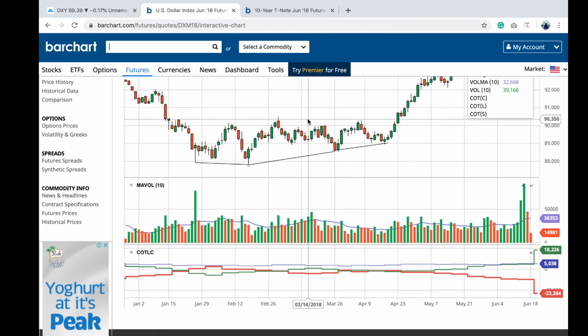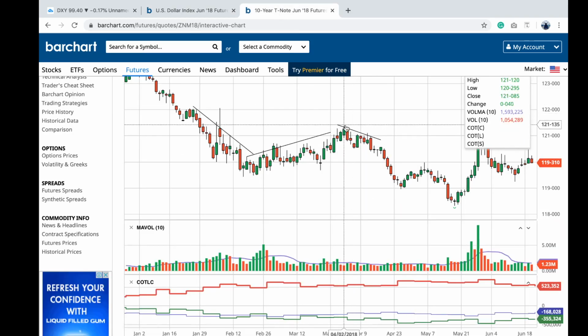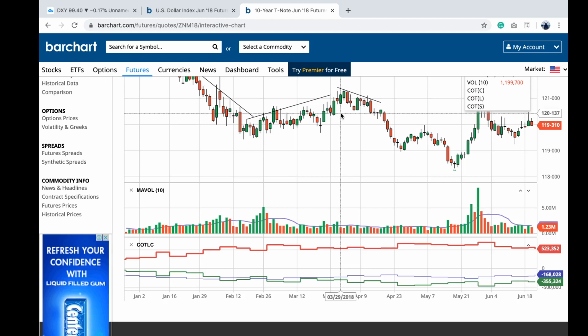Okay, and for a divergence, you want to see the 10-year treasury note make lower highs. And you can see the divergence now. You're oppositely correlated now, right? So you're seeing the 10-year treasury note in the same time period make lower highs.